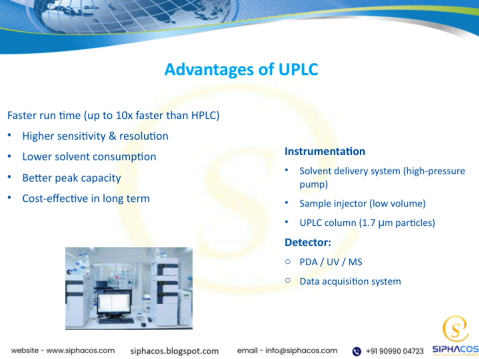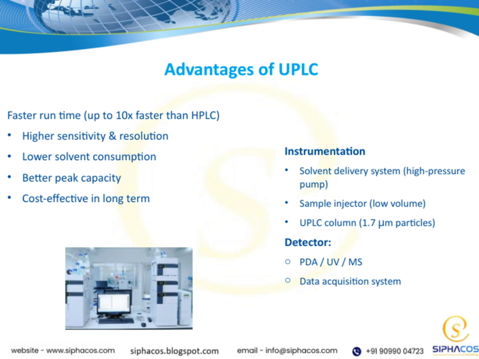Now, moving on to the advantages of UPLC. One of the biggest benefits is speed. UPLC can run analyses up to 10 times faster than traditional HPLC, which saves a lot of time in busy labs. It also offers higher sensitivity and resolution, meaning we can detect smaller differences and more closely related compounds.